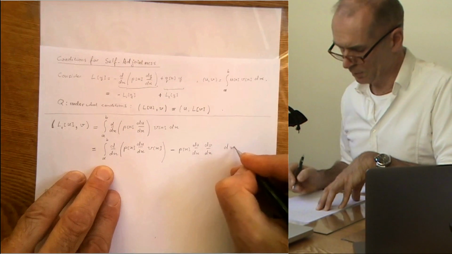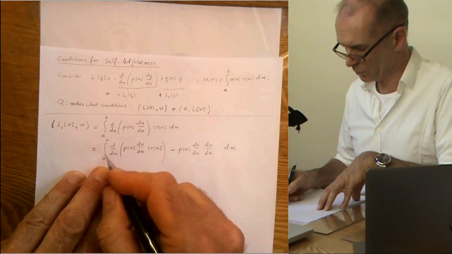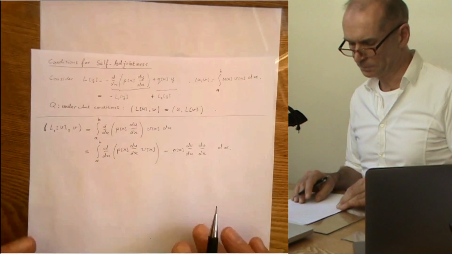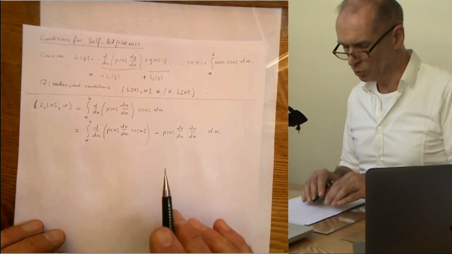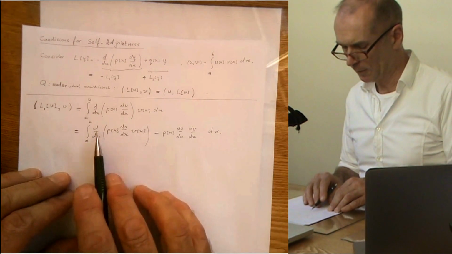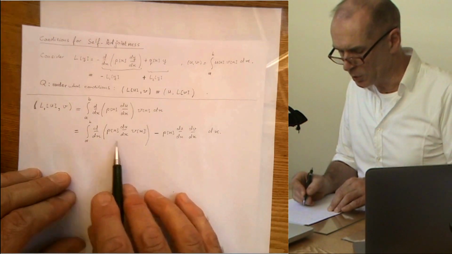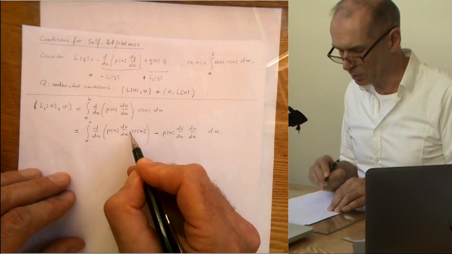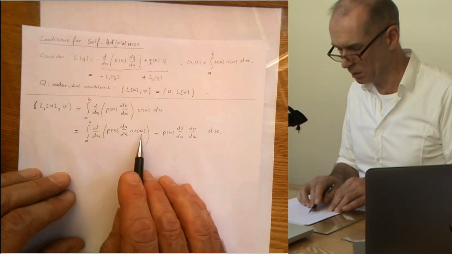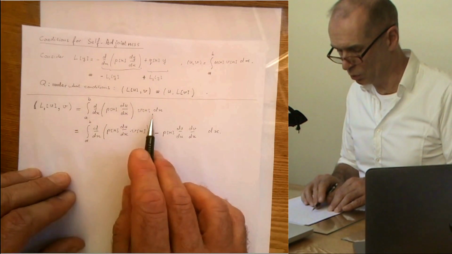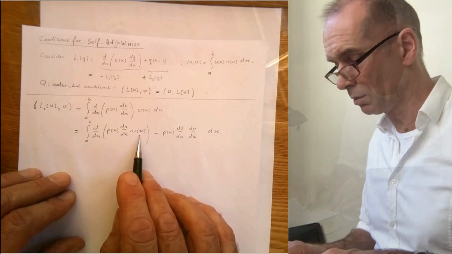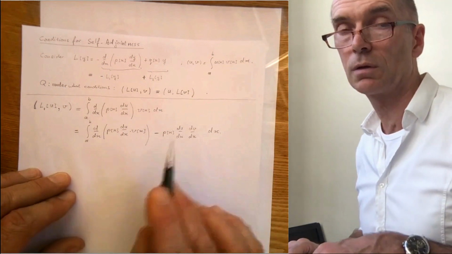And that whole thing is integrated. See? So thanks to the product rule, this is equal to that. If you multiply this product, you get the derivative of this times that, and that is what we had. But you also get this times the derivative of v, and that we did not have, so we have to subtract it.